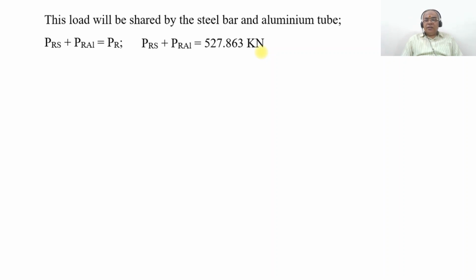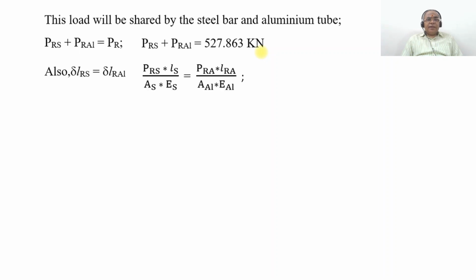So now, we know that delta LRS will be equal to delta LRAL, that is PRS into LS by AS into ES will be equal to PRAL into LAL by AAL into EAL. So PRS, which I don't know, into length of the steel rod, which is 500.